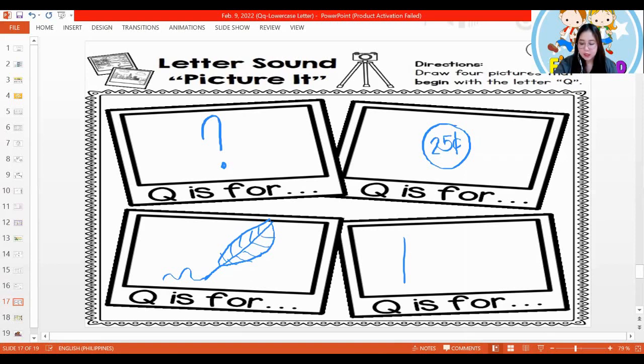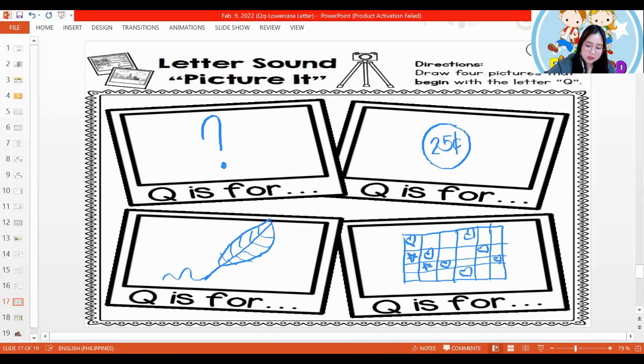So I will make a rectangle first, and I will make the lines for the pattern of my quilt. So some quilts have different patterns. So I will also draw the parts for my quilt so that it will also have different patterns, and I will also make different shapes.